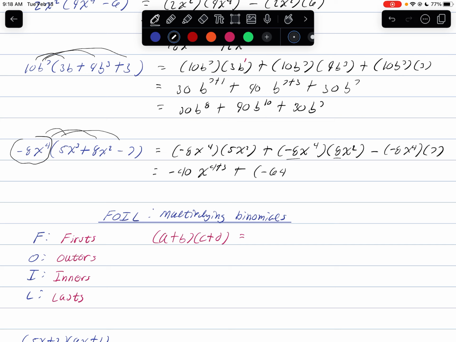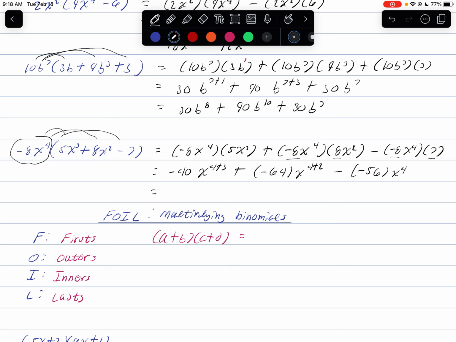And then we have x to the 4th and x squared. So that's going to give us x to the 4 plus 2. And then we have minus, here we have negative 8 and 7. That's going to give us negative 56. And then we have x to the 4th.